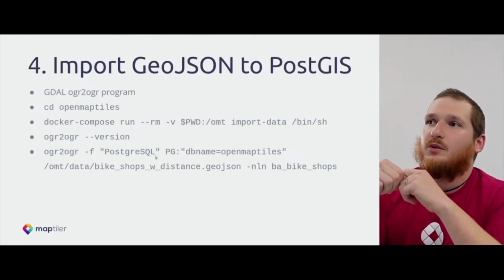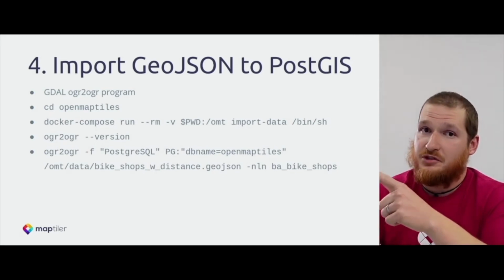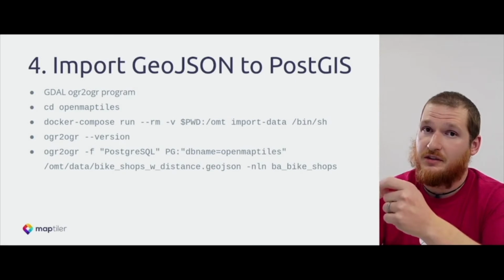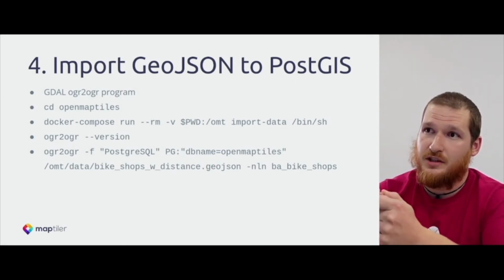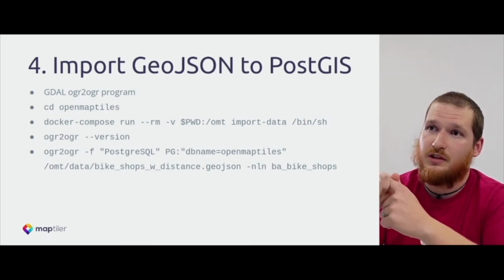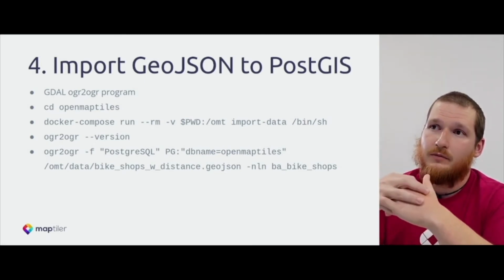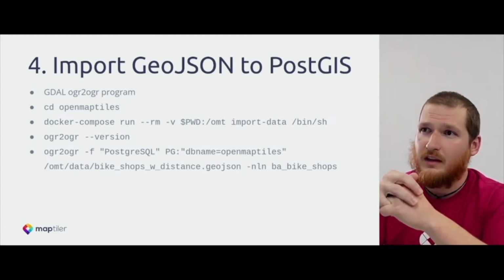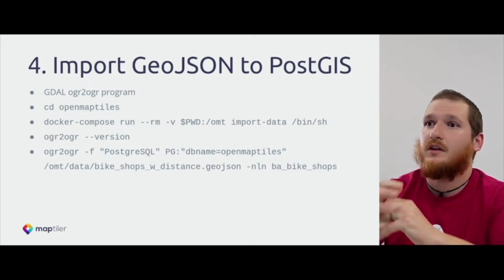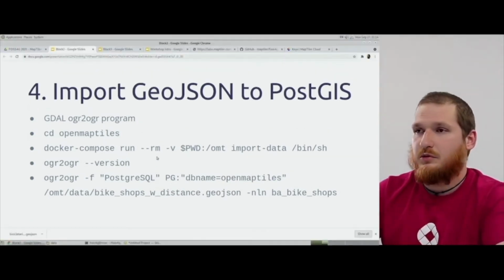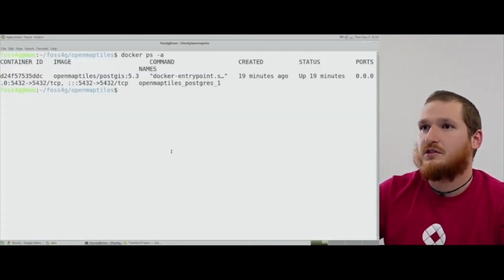Good. So we have the processed GeoJSON on our file system, but we want to have this data from the GeoJSON in PostGIS. So we want to import this GeoJSON into PostGIS. For that, we will use the GDAL program ogr2ogr. This program is already in one of the Docker images that you pulled. So we will quickly go to the terminal.